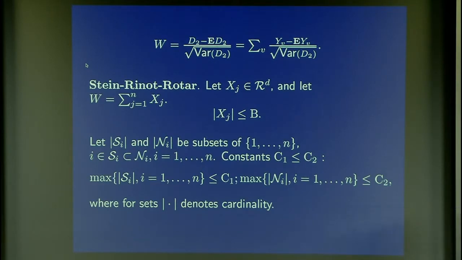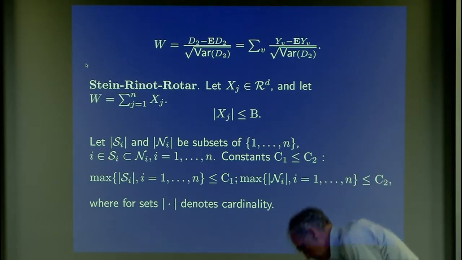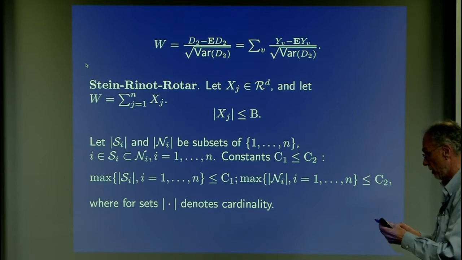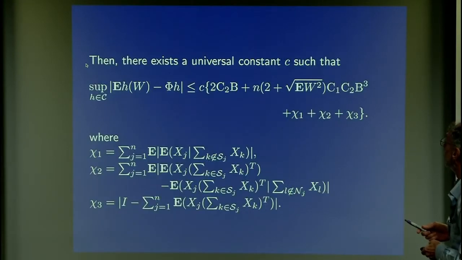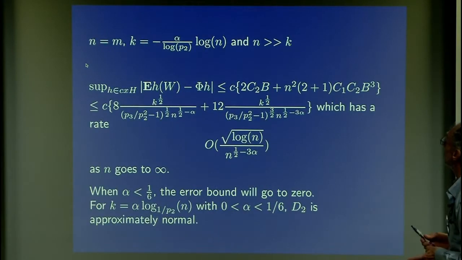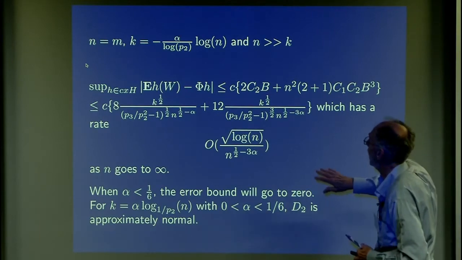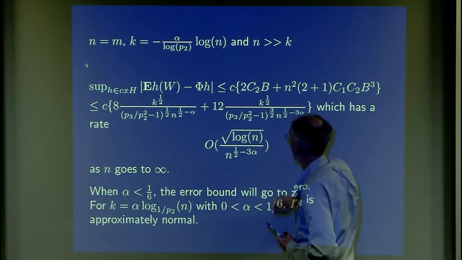I'm just going to go through some of the mess. Haiyan Wang was involved with this. We started working on this, and a nice surprise. So here's the bound we got, how good our distribution was approximated by the normal.